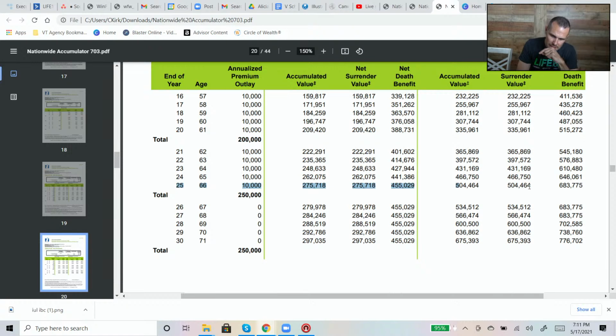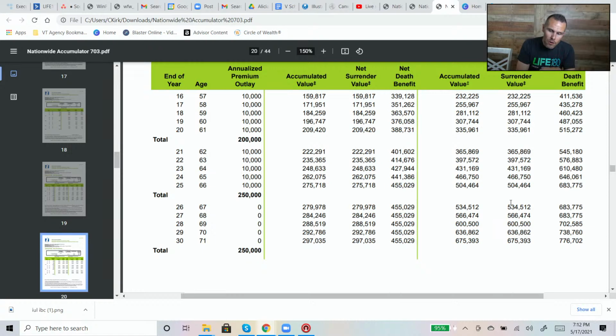When they turn 66, it's got $504,000. So if I said, hey, you have upside opportunity, downside protection, you put $10,000 a year in, you put $250,000 over a 25-year period in, it's going to grow to $504,000. It seems really good. Out of that, you'll be able to get a certain result, and it'll be what it'll be. But here's the challenge.